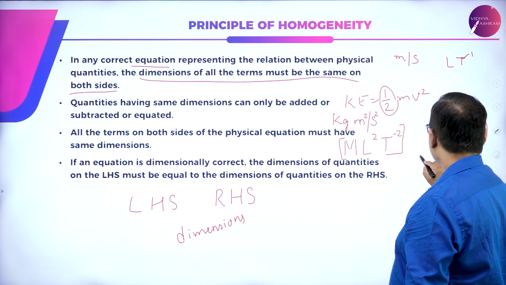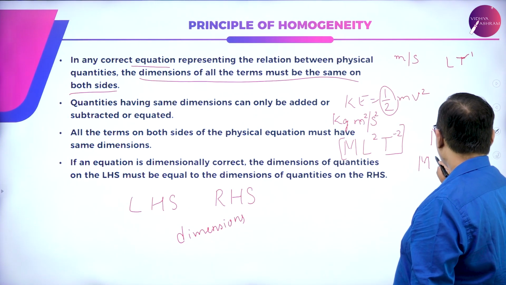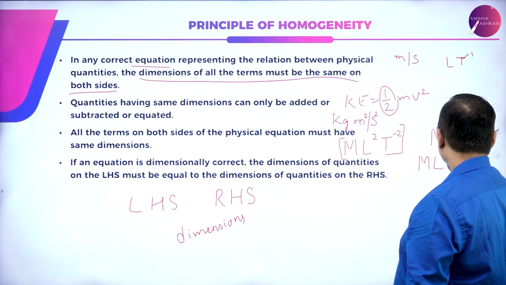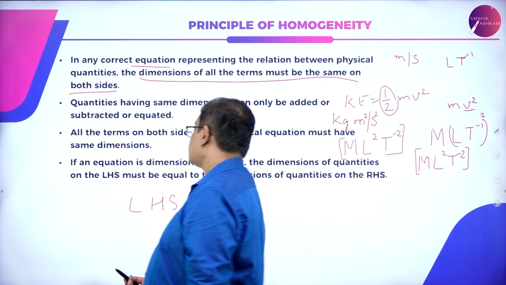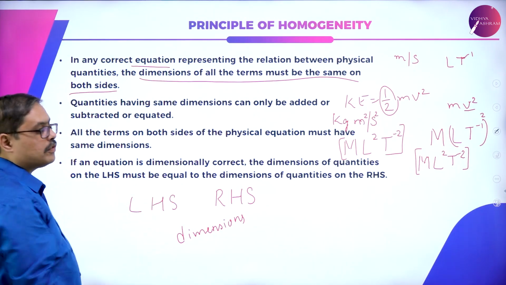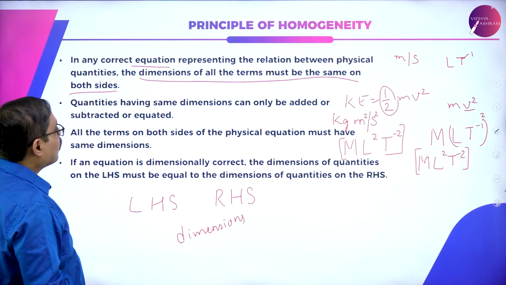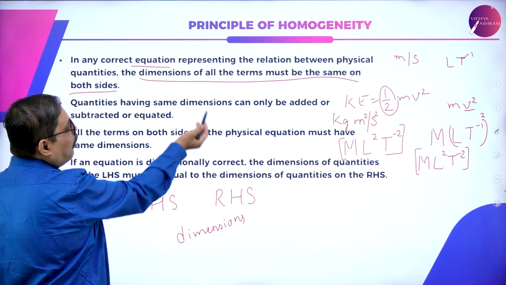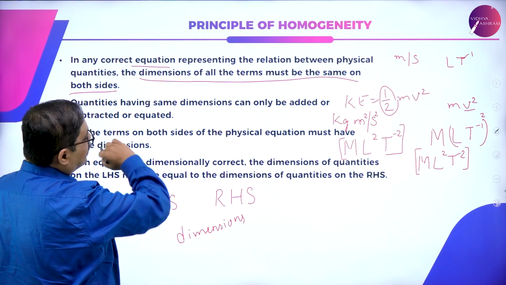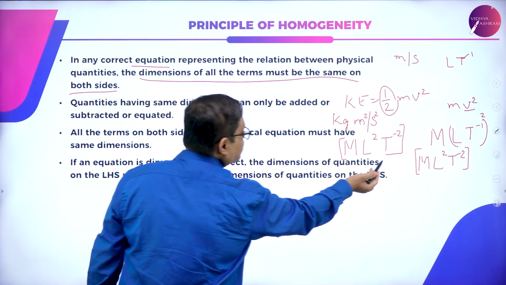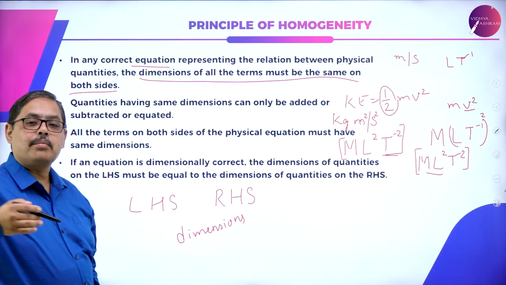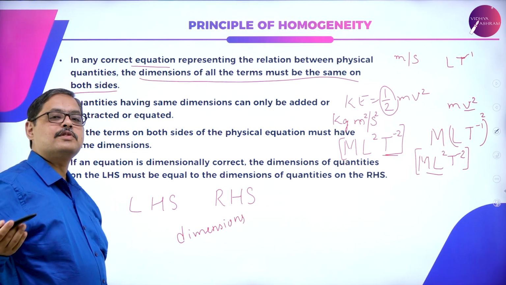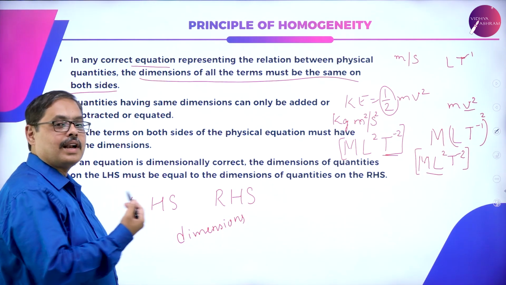So this becomes M L square T to the power minus 2. Now you can understand that in that equation for kinetic energy, the dimensions of all the terms on both sides of the equation are the same. It is M L square T minus 2, M L square T minus 2. If there are multiple terms also, all the terms must have the same dimensions.